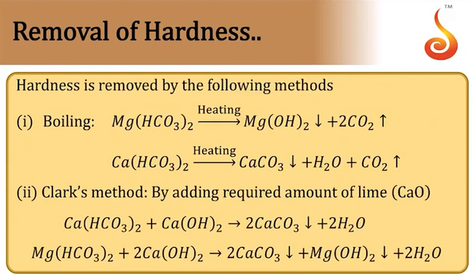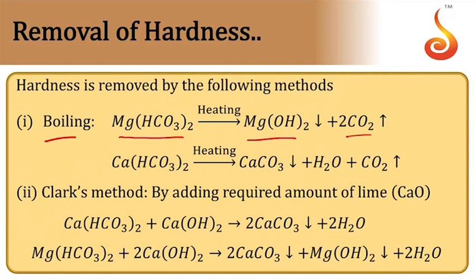So let us see how to remove, first of all, the temporary hardness. It can be removed by the following methods. First one, boiling. When you boil hard water containing magnesium bicarbonate, on heating it dissociates to form magnesium hydroxide as a precipitate and liberates carbon dioxide gas. So magnesium bicarbonate dissociates into magnesium hydroxide, which is a precipitate that can be removed.